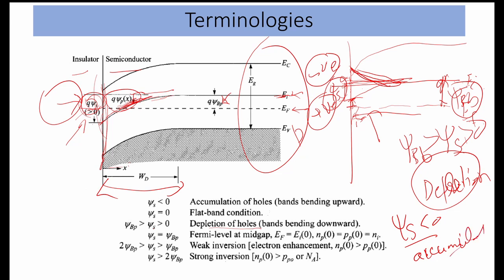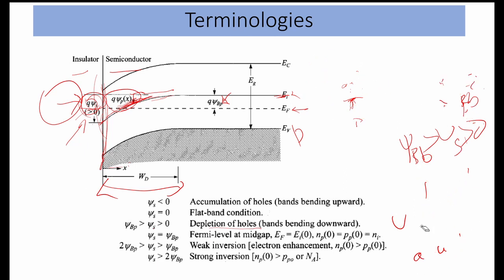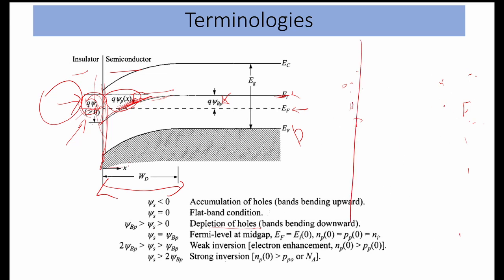And another thing: this is the Fermi level EF, and this is Ei. This is psi bp, and the gap between psi bp and psi s is 0.